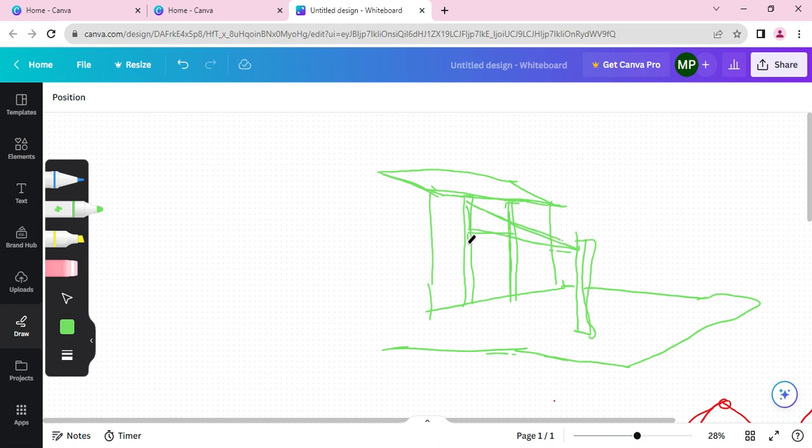The weight coming from the roof of the church is taken by this structure and transferred to the ground.